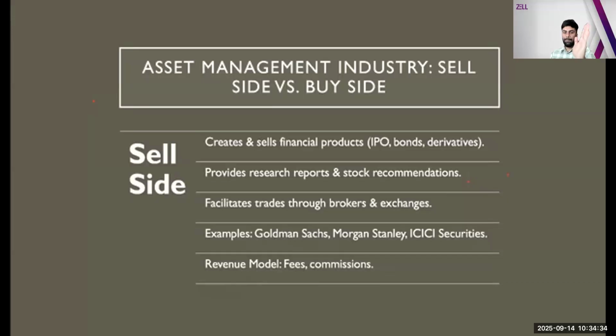In sell side, they are the ones who create and sell the products. They research and offer services. In buy side, they are the ones who use those products created by the sell side people to make investment decisions.